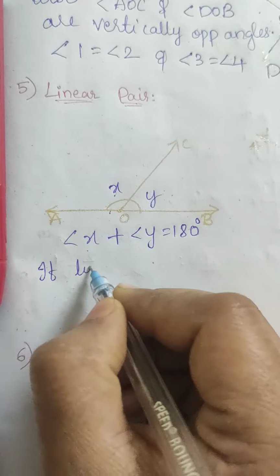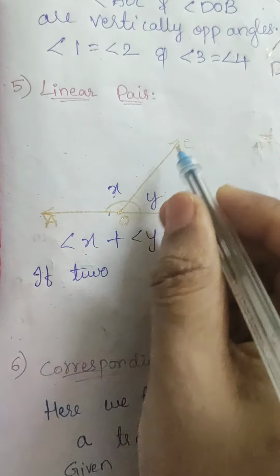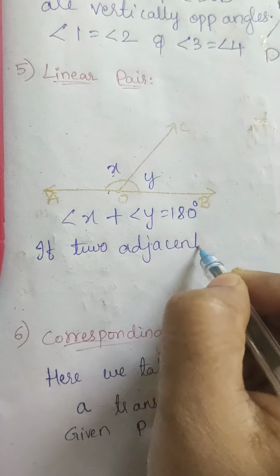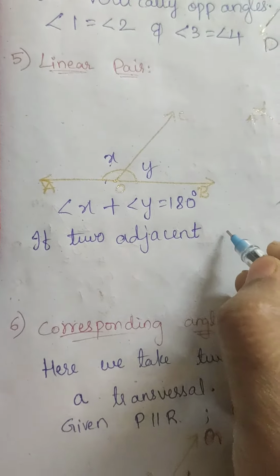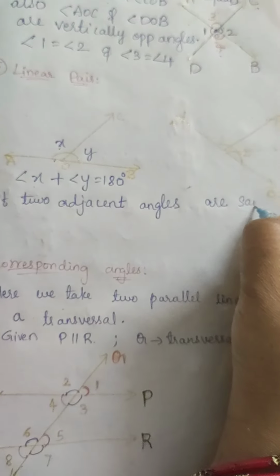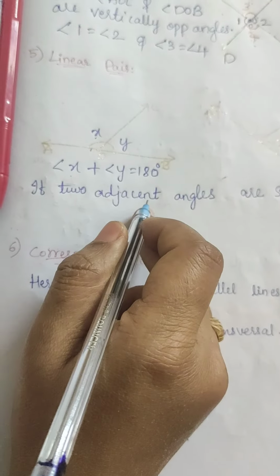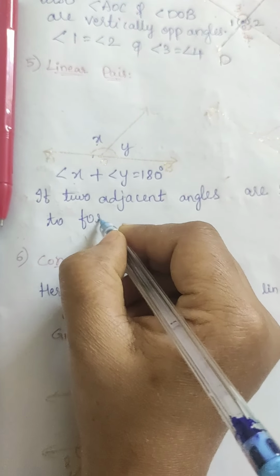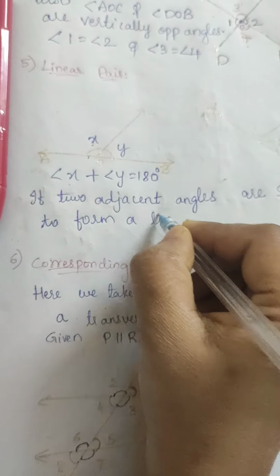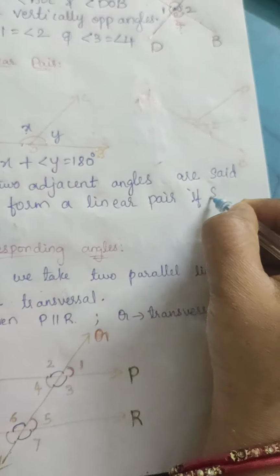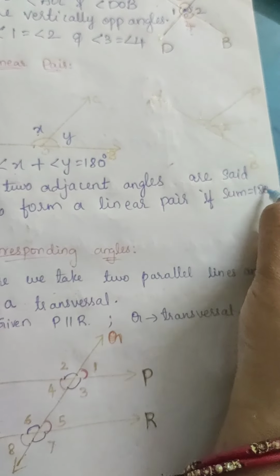Remember, two adjacent angles are said to form a linear pair if the sum is equal to 180 degrees.